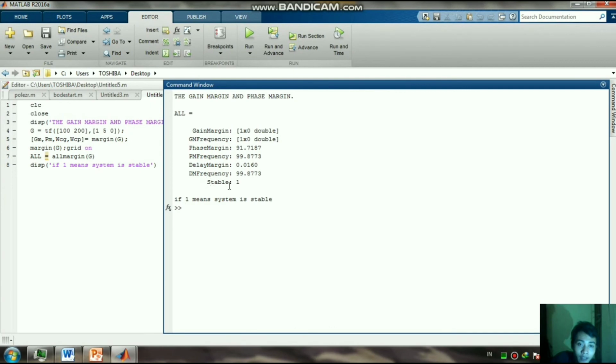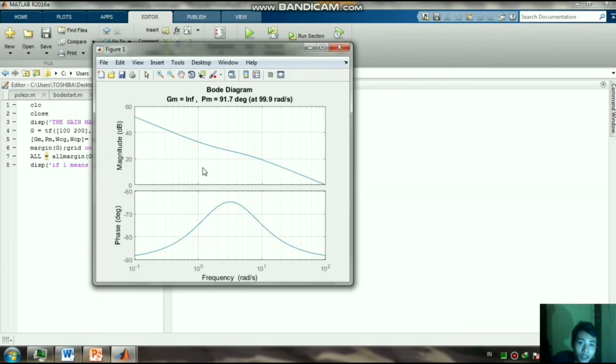So we can see the system is stable, and the gain margin and phase margin are positive. The gain margin is infinity, and the phase margin is positive. In other words, the closed loop system of this transfer function is stable.